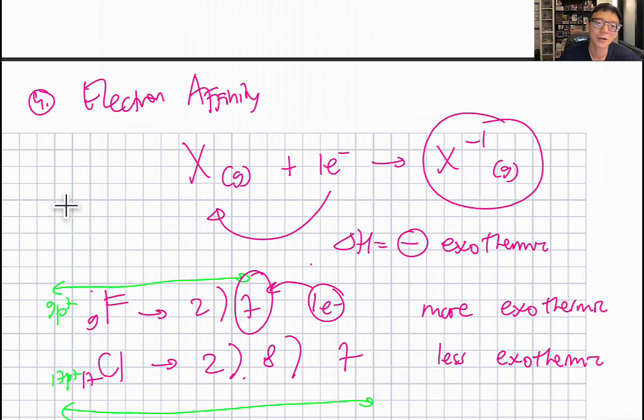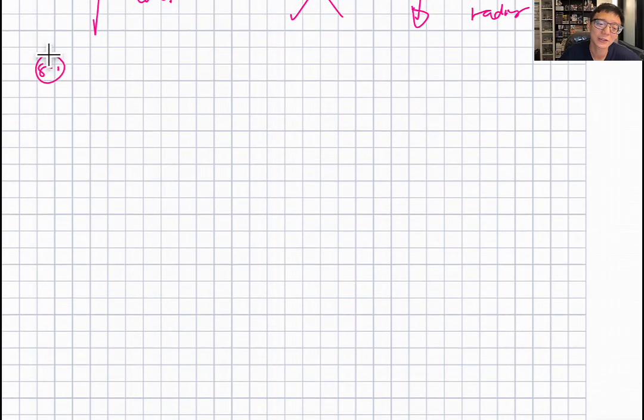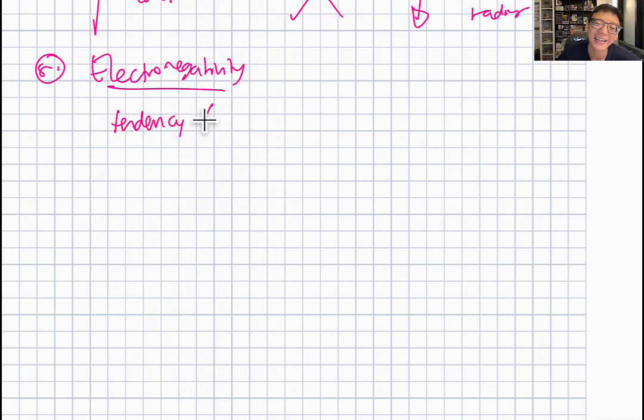Finally, we have the fifth one. It's called electronegativity. So it's the last property. Electronegativity is a measure of the tendency or likeness of an atom to attract electrons and to form chemical bonds.